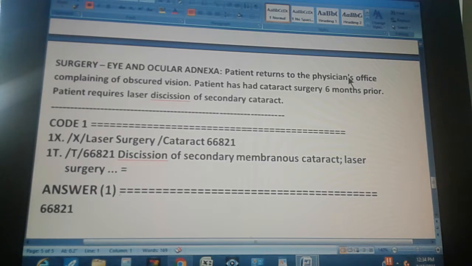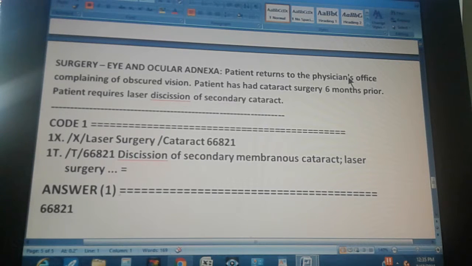All right, this is the summary of the whole problem. It says surgery section of the CPT code is the eye and ocular adnexa. The patient returns to the physician's office complaining of obscure vision. The patient has had cataract surgery 6 months prior. The patient requires laser discission of secondary cataract.